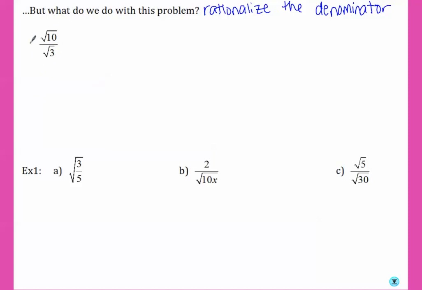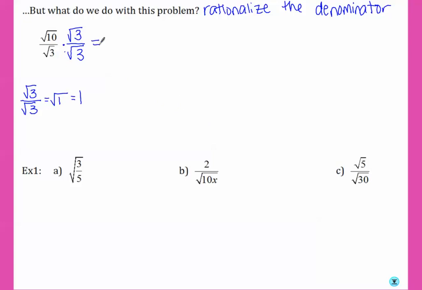What we can do is multiply by the square root of 3 over the square root of 3. Multiply it on top and on bottom. Because the square root of 3 over the square root of 3, if we divide that, square root of 3 divided by square root of 3 would equal the square root of 1, which is just 1. So technically, we're multiplying by 1 here.